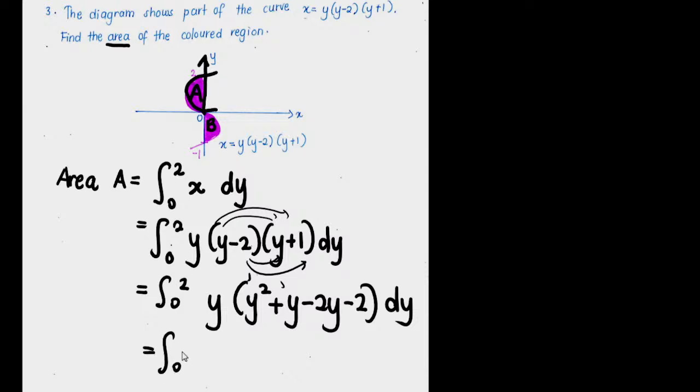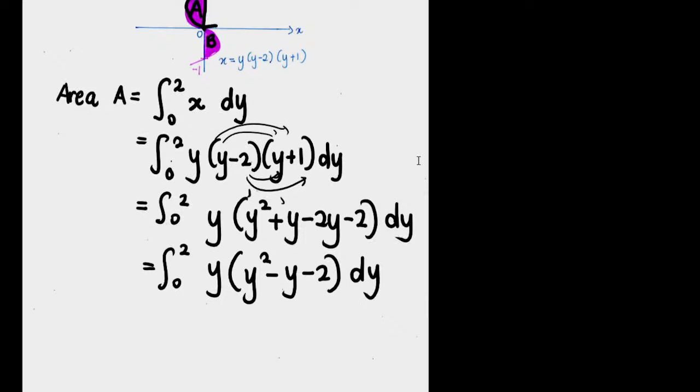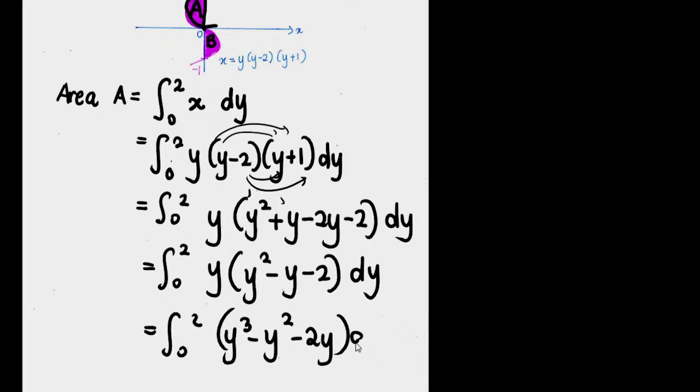Okay, so 0 to 2, y square minus y minus 2. Okay, done. Then from here, we expand the y in, we get y cube minus y square minus 2y. Okay, done. So this is what you should get for the x.